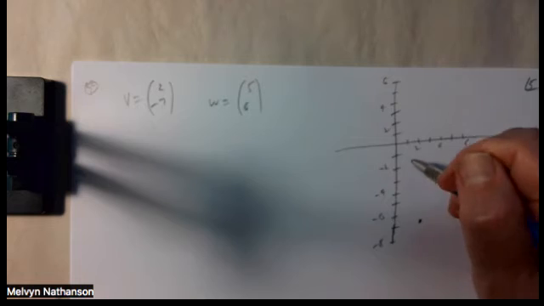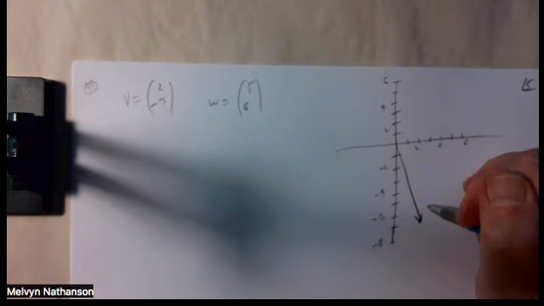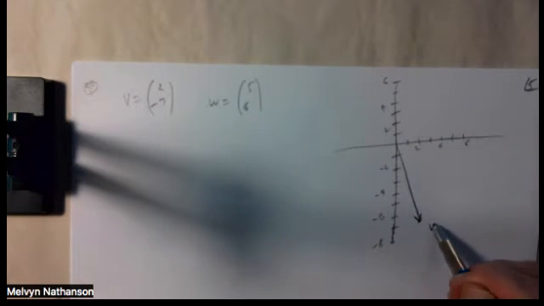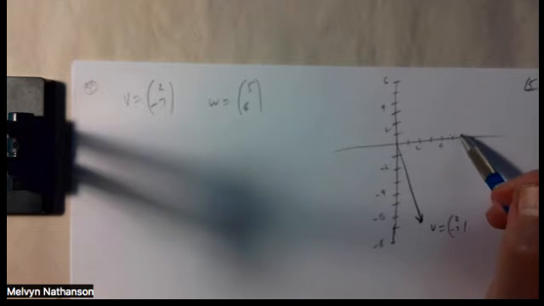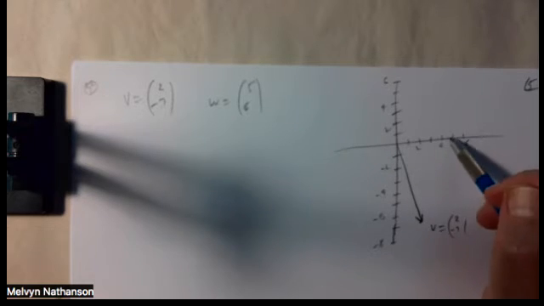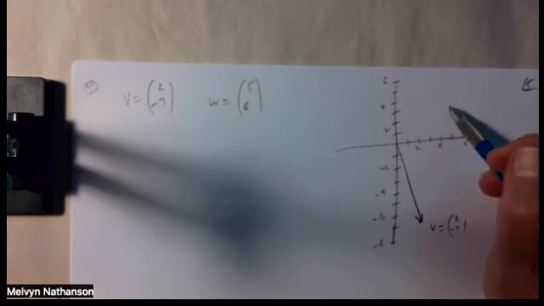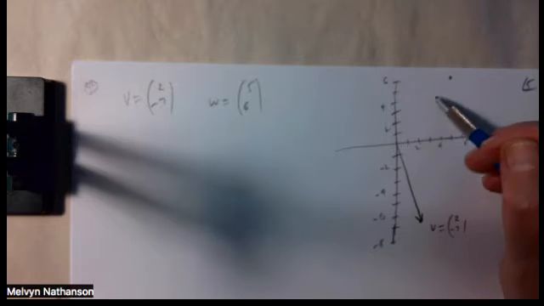So (2, minus 7), that's down here somewhere. So this is v, which is (2, minus 7). And (5, 6), it looks like it's up there.